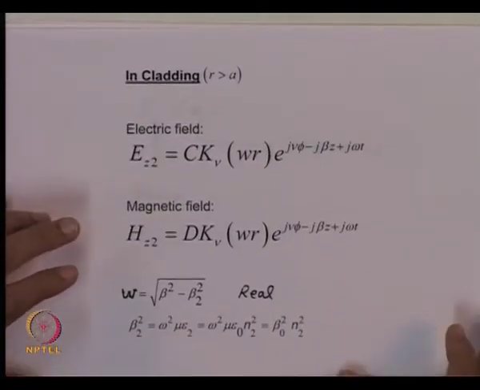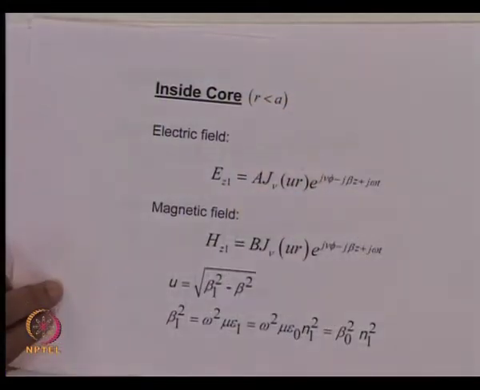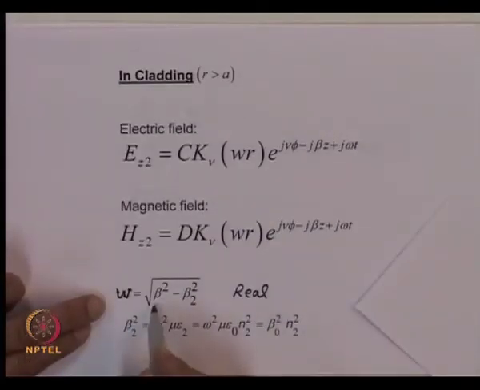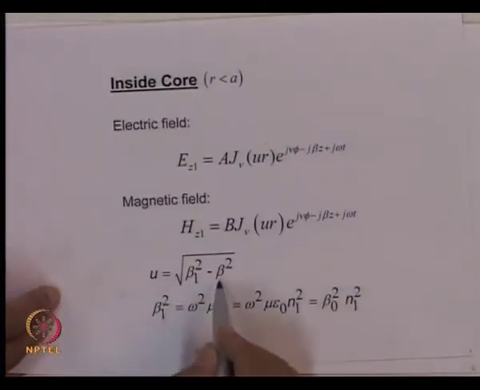So, by using my physical understanding, now I have defined the longitudinal components of electric and magnetic fields inside the core and cladding, and we have chosen the propagation constant beta in such a way that W is real and U is real. So, what essentially we are saying is that to make W real, beta should be greater than beta 2, and to make U real, beta should be less than beta 1.